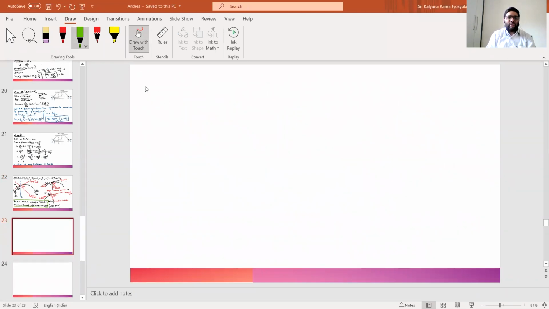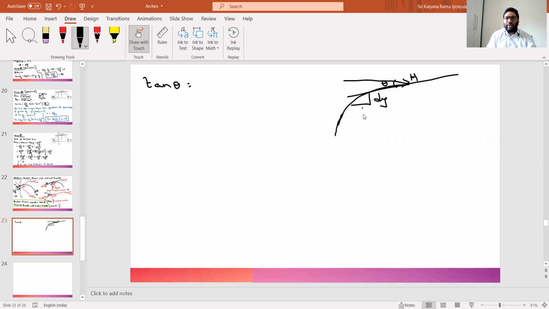The last step would be tan theta is equal to dy by dx. So how is that shown? This is an arch, and we have the horizontal force H. If we draw a tangent line, this will be theta, and for this arch, the slope will be dy by dx.